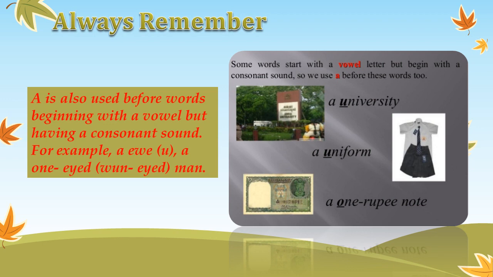A university begins with a vowel letter U. A uniform begins with a vowel letter U, but in both the words, the sound comes of the word YOU, which begins with a consonant letter Y. And same is the case with a 1 rupee note, which begins with a vowel letter O, but the sound is of a consonant W.